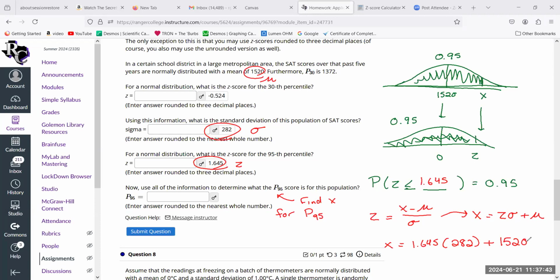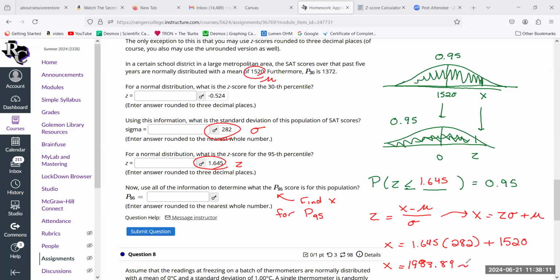Sorry, got to put that one back in my calculator quick. So 1.645 times 282. Make sure there's not a rounding error problem here. I get that the score that represents my 95th percentile is going to be 1,983.89. So we have to round this to a whole number again.